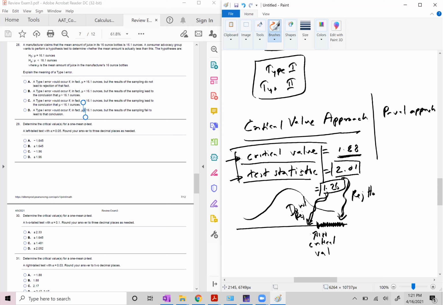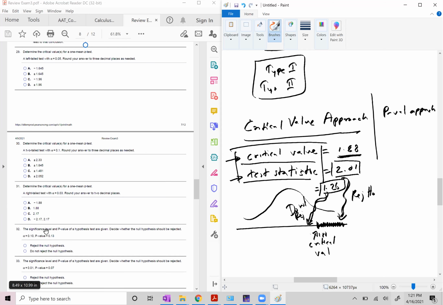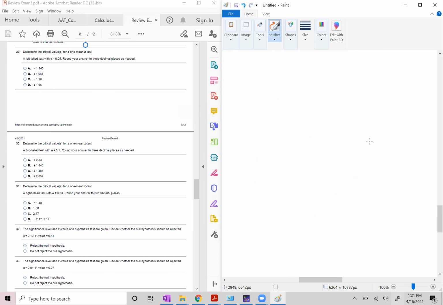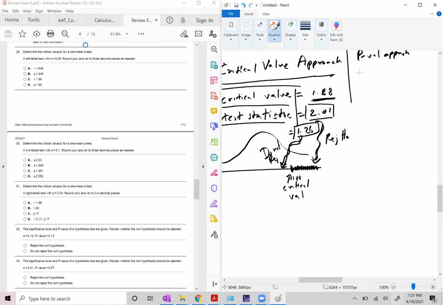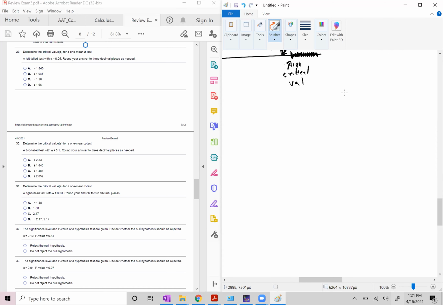We are not asked to make the final conclusion. Instead, these questions are based on how to find these critical values. The p-value approach I will discuss later. I have discussed it in class, and when it comes to a question, I will quickly explain what p-value means.